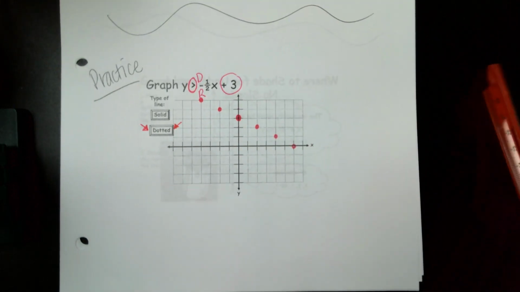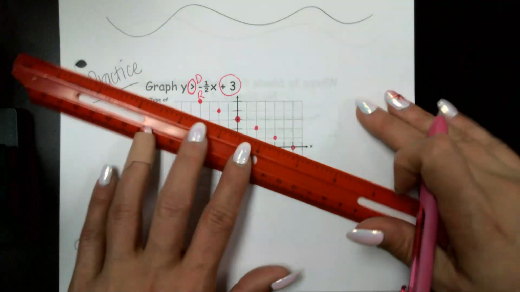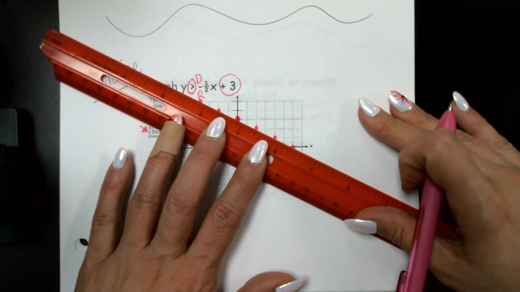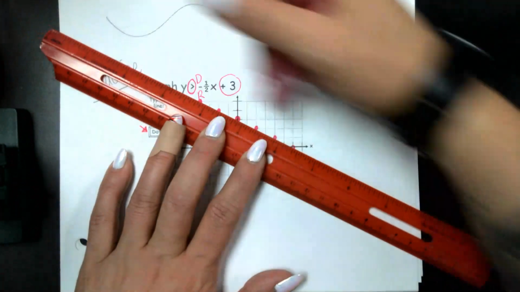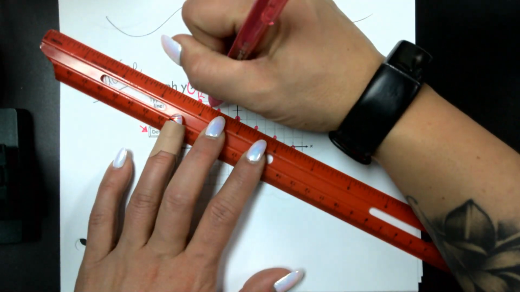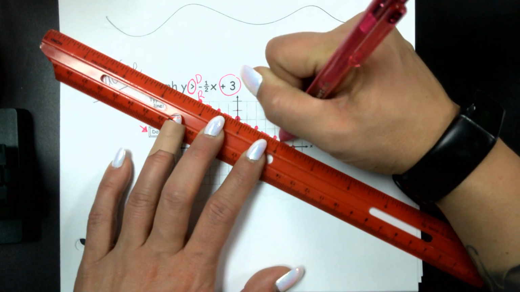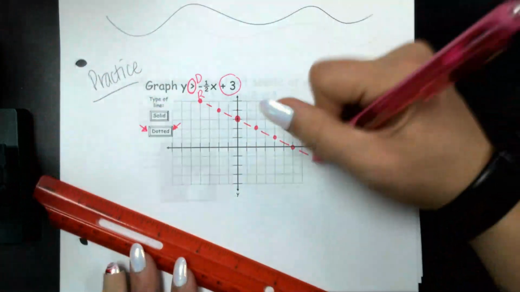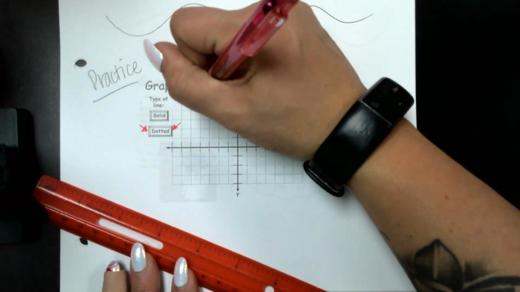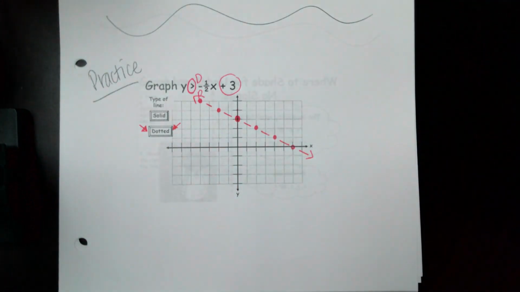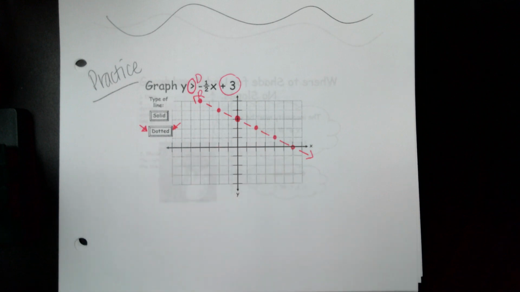So put your ruler down anyway, like you're about to connect them, but instead of making a solid line, just do this. In between each 2 points, make little dashes from edge to edge. It's the only difference. Well, and then of course the shading, but that is the biggest difference because you have to know when to make it solid versus when to make it dashed.